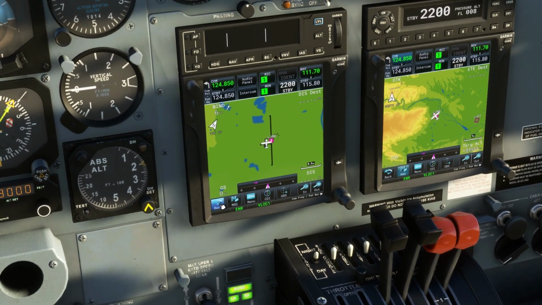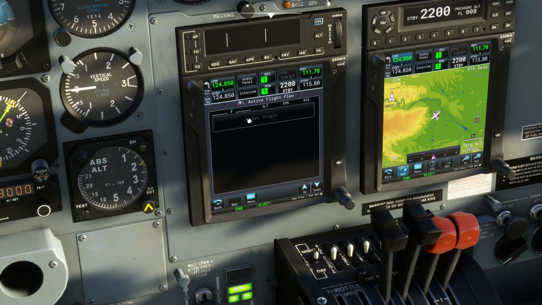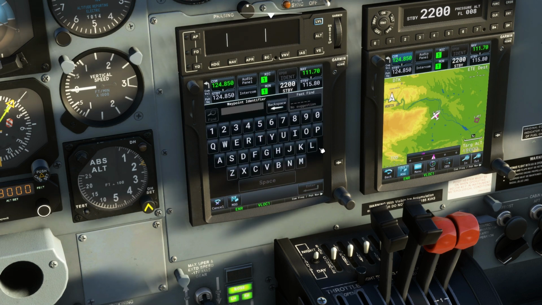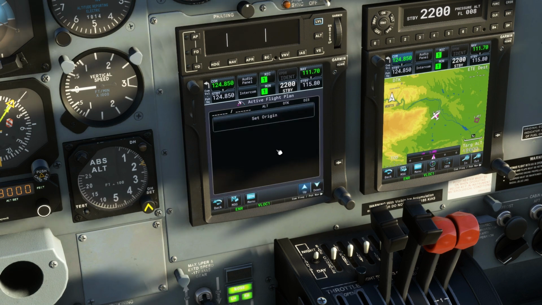Okay, let's set up the flight plan. So okay, we have to set origin. So Lima, Juliet, Mike, and Bravo, which should be Maribor. Yes.